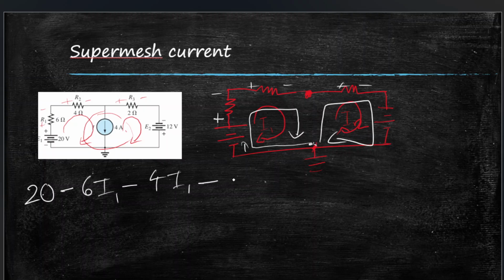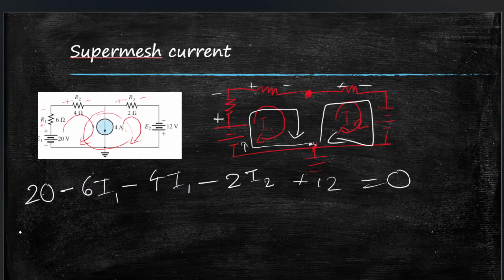So minus R3, and the value is 2, and then I2. Not I1 because it's under loop current 2, so I2. And then we go to the last component, which is the source E2, and current enters through negative, so I'll put a positive here, plus 12 volts equal to 0.